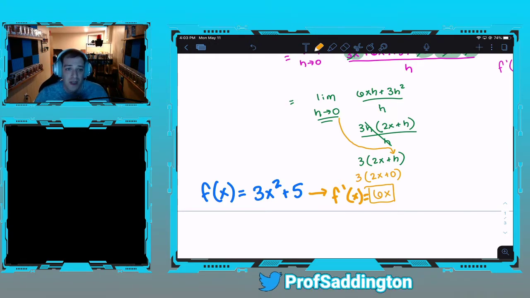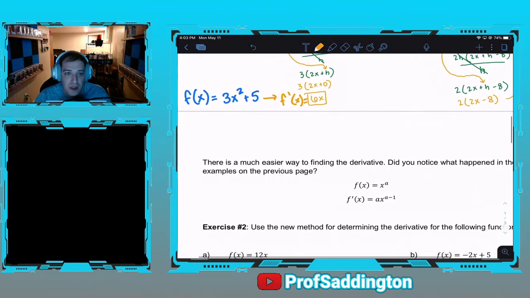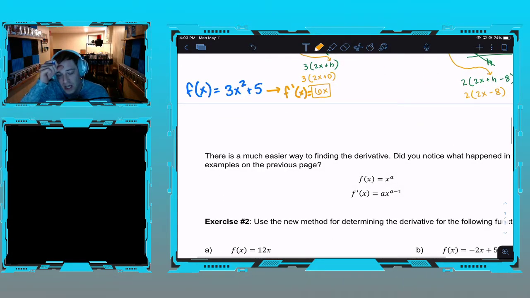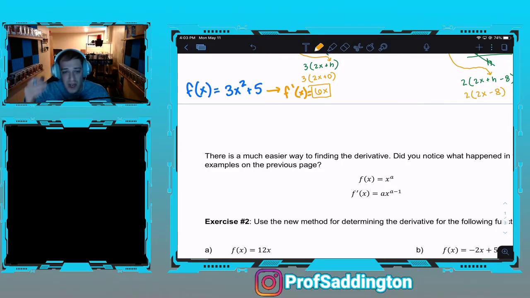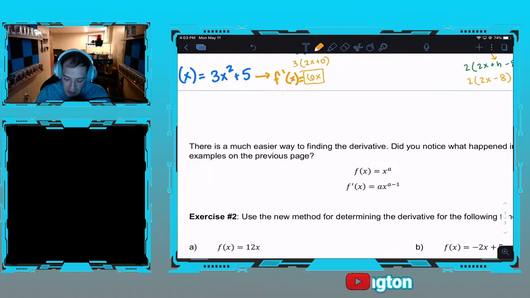So I'm going to show you guys. If you look underneath, it says that f of x is equal to x to the a, and f prime of x is equal to a times x to the a minus 1. This is what's actually occurring, and I'm going to show you guys what's happening here.